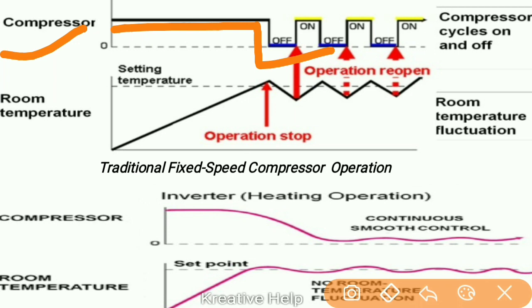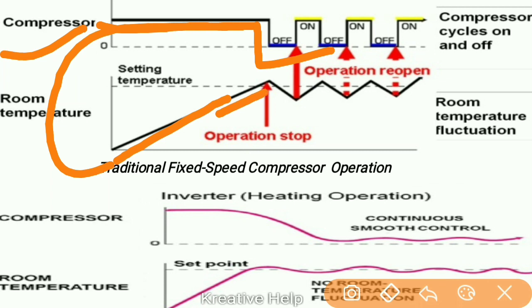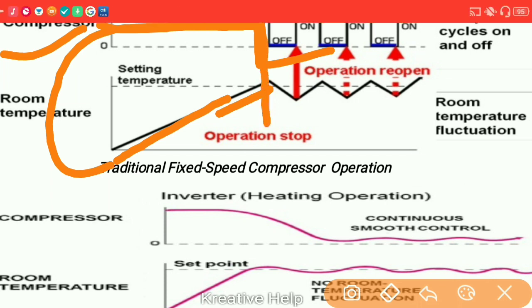You can see this graph and this graph both at the same time, because when the compressor is on, the temperature is rising, and the compressor and the temperature are working together.